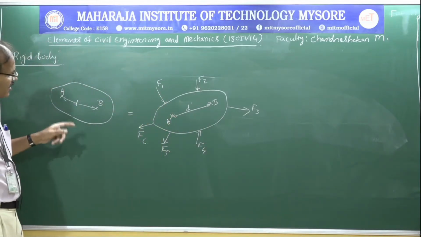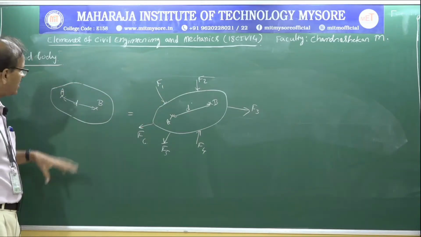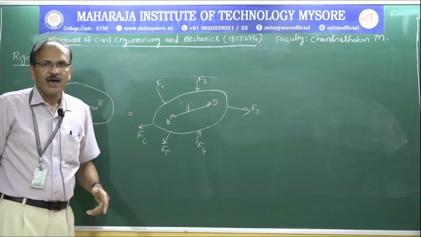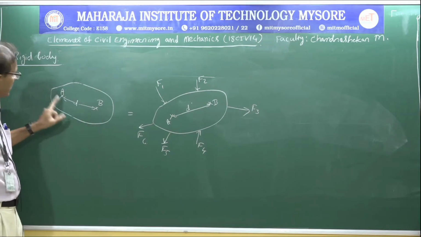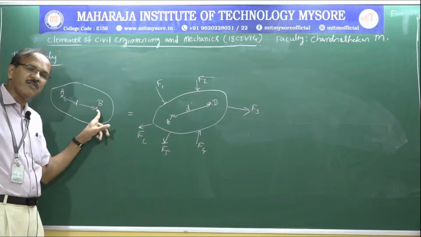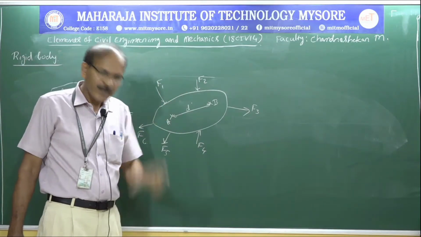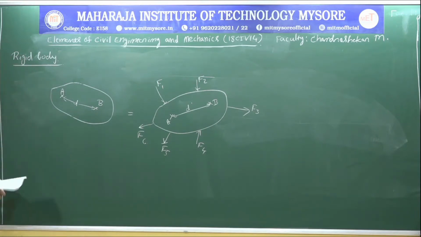Say, for example, due to the external forces, this body has rotated a little bit. As far as the positions of these two points are concerned, the position of A with respect to B and the position of B with respect to A remain the same. That is, the distance D remains constant. That is the definition of a rigid body.